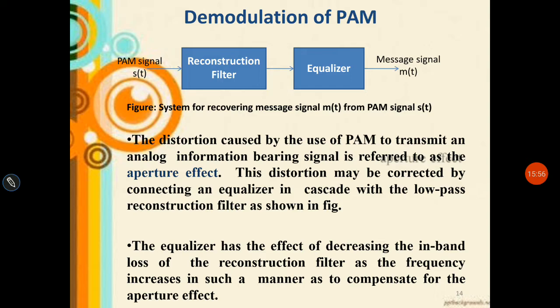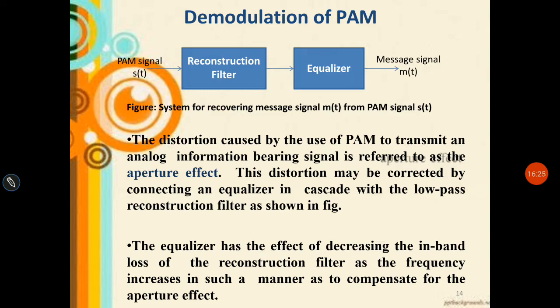The equalizer has the effect of decreasing the in-band loss of the reconstruction filter. That means if there are some inbuilt losses in the reconstruction filter, the equalizer effect is decreasing as the frequency increases, in such a manner that there will be compensation for that aperture effect.